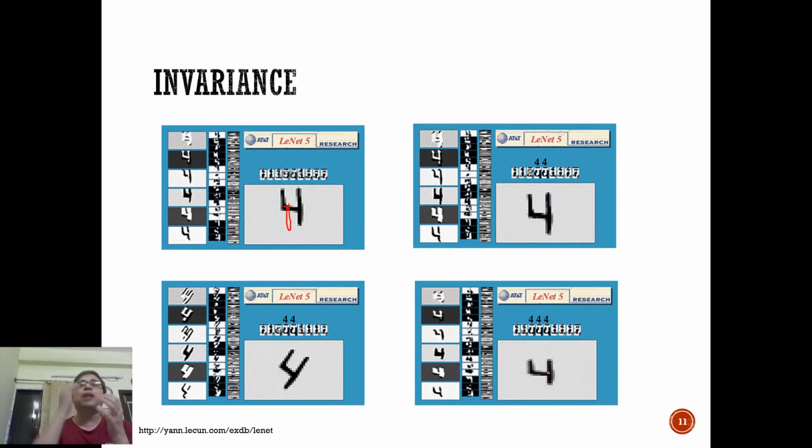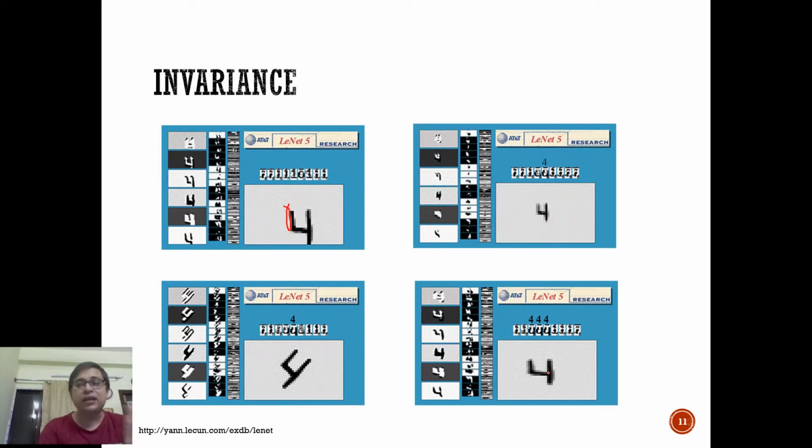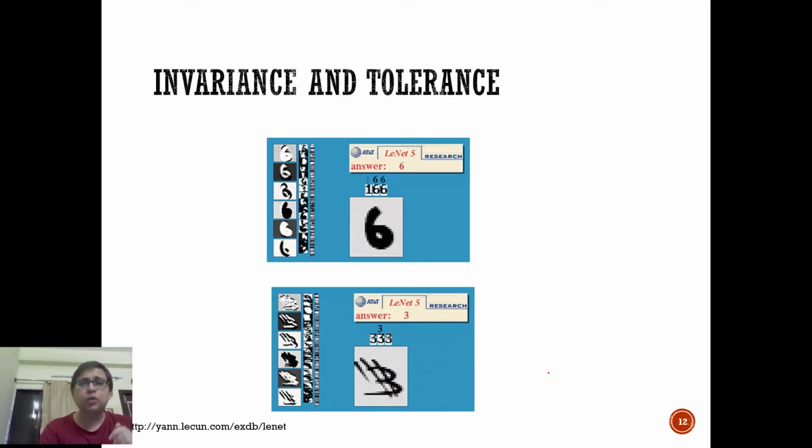So that was one of the advantages of coming up with this kind of layer in computer vision. Here are some further examples, where the first one talks about stroke width variance. You see the stroke width is increased, but it can still identify it as a 6. And here there is a lot of noise, as you can see in this particular 3.